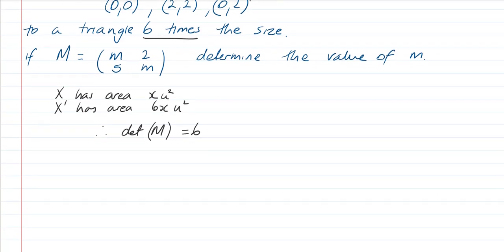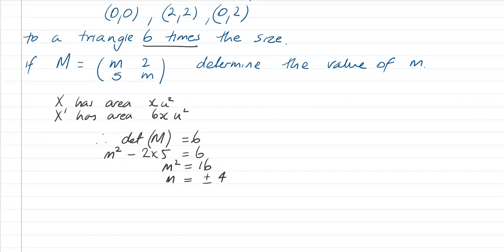And the determinant of M is m squared minus 2 times 5 must equal 6, which means that m squared equals 6 plus 10, which is 16, and m must equal plus or minus 4. And it's not a length, so it's very reasonable for m to be negative 4 here. That works as well.